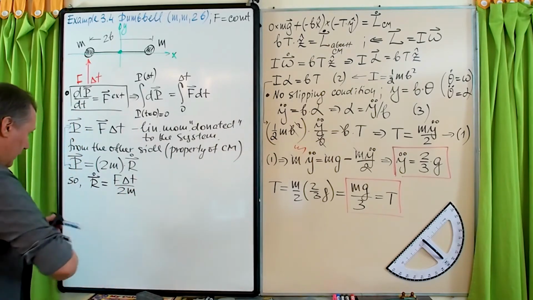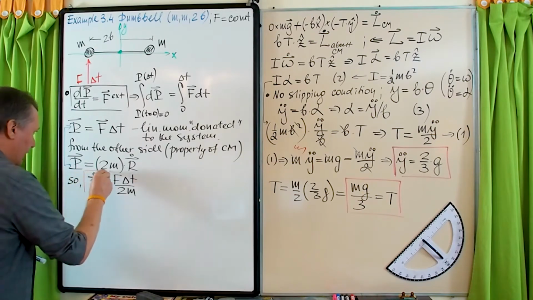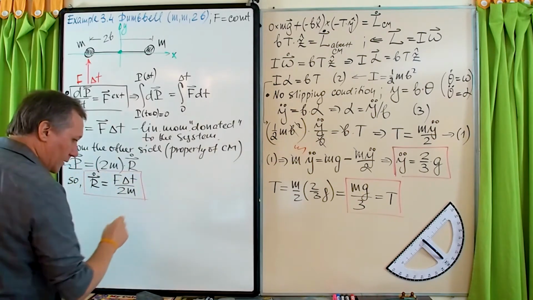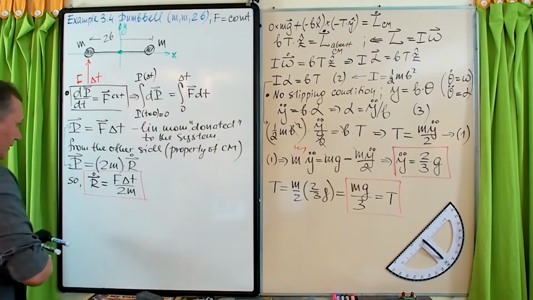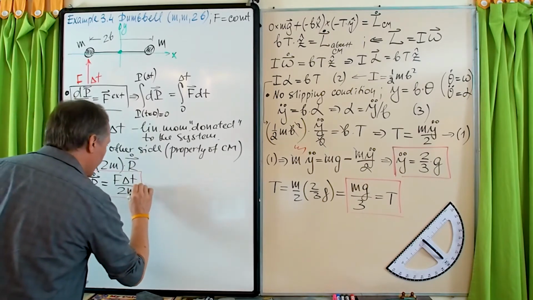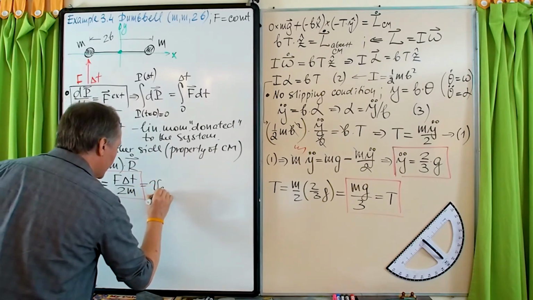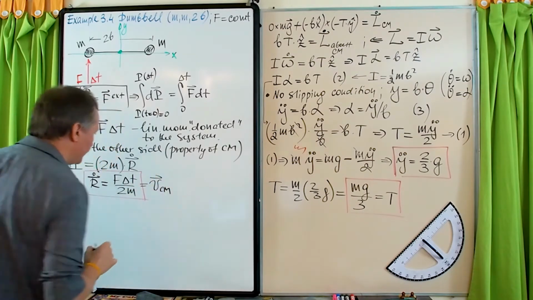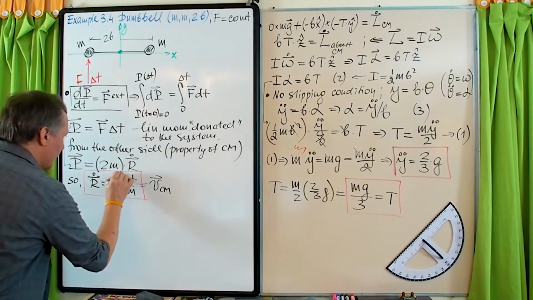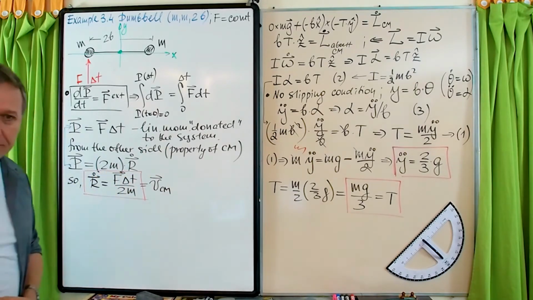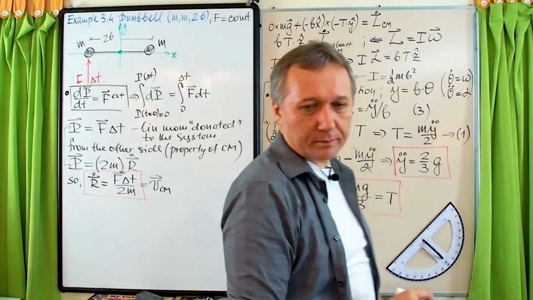So I can frame it. I think I switched to V, so let me write over here also V CM. And of course this is still a vector, I want to keep it in vector form.